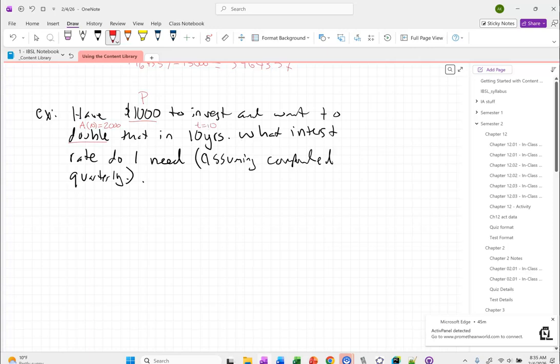T equals 10. What interest rate means that R's our variable, and compounded quarterly tells me that N is 4. So if I fill this in, I have 2,000 equals 1,000 times 1 plus R over 4 to the 4 times 10.